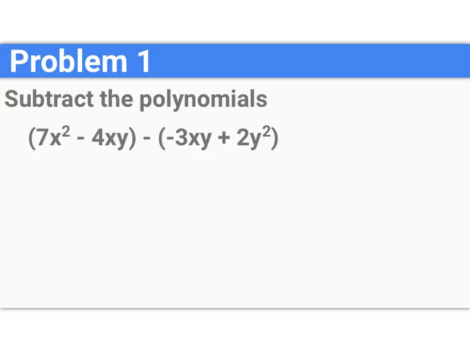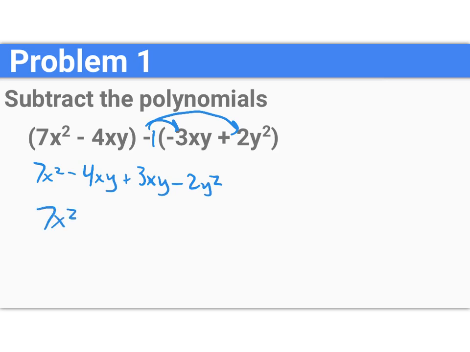Okay, so we put our 1 here, we distribute, we got 7x squared minus 4xy plus 3xy minus 2y squared. Okay, so now watch how this works. You get 7x squared minus xy minus 2y squared.